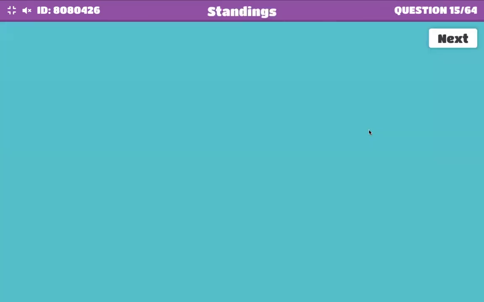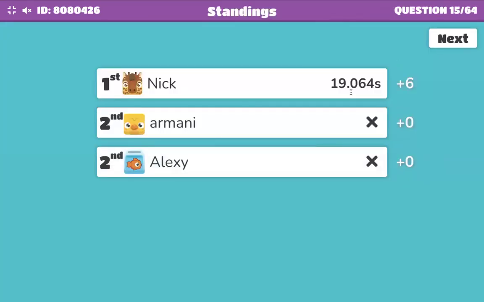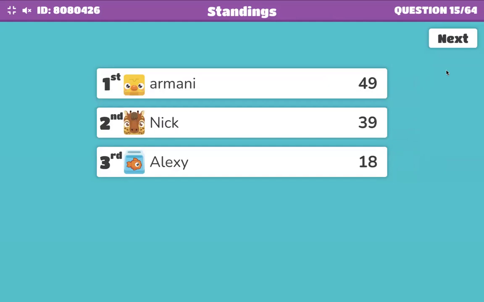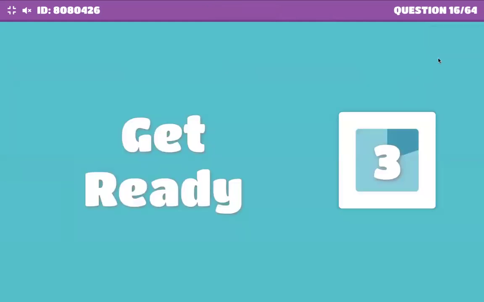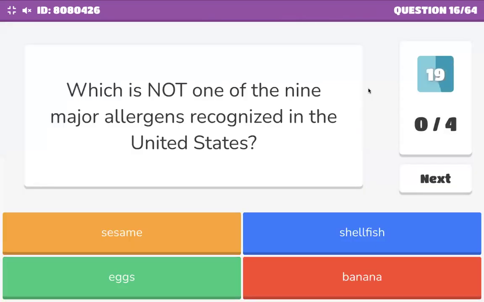Oh, this question was worded funny. I'm gonna fix it. Water-soluble vitamins are not easily stored in the body, so that one should not have been the correct answer. I think all four of them were properties of water-soluble vitamins. Which is not one of the nine major allergens recognized in the US?